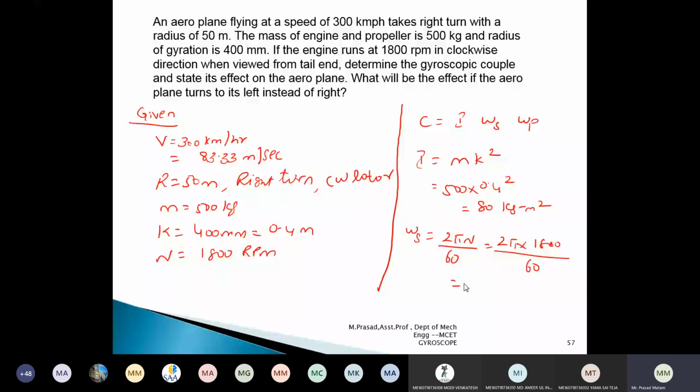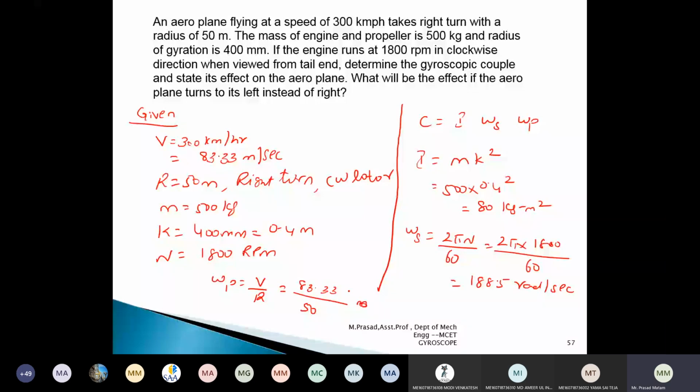I'm getting 188.5 radians per second, omega s we got. And what is left? Omega p. Omega p we can find as v by r. What is the velocity? 300 kilometer per hour, that is 83.33 meters per second, and the radius is 50.